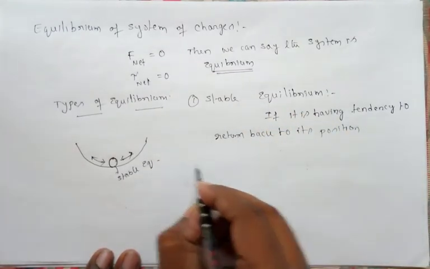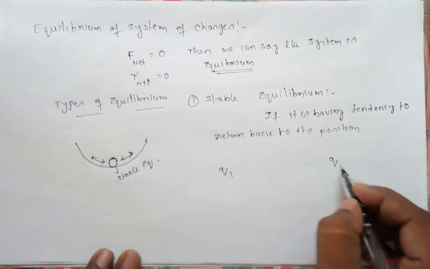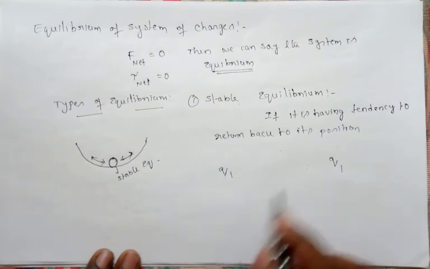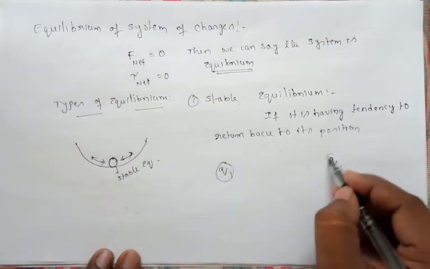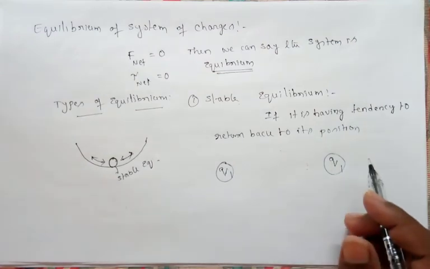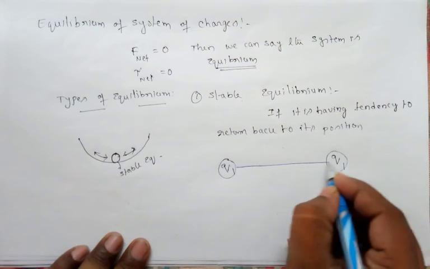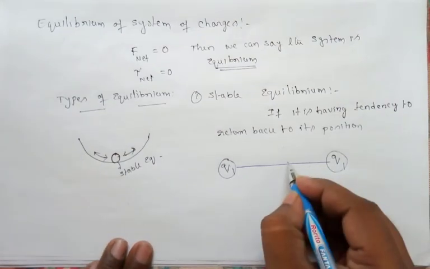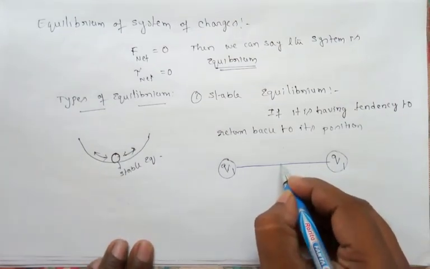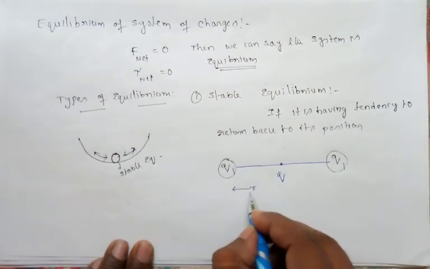Let us take an example: here Q1 is one charge, and the same Q1 is another charge, two charges are there. Here in the middle, one small charge q is there at the midpoint, at distance r/2.